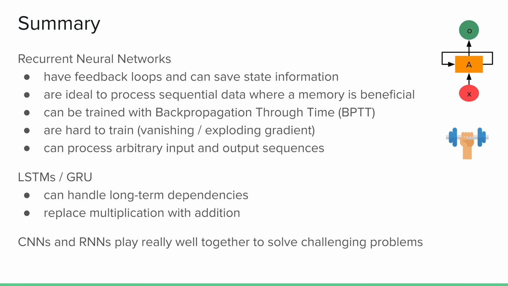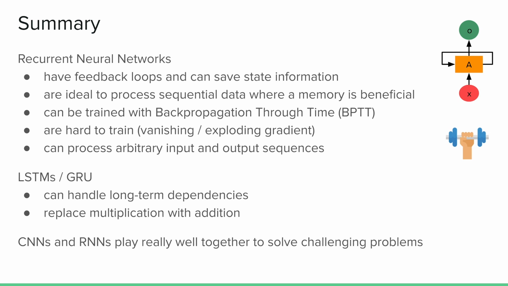They're harder to train than feedforward networks because we're using the same values over and over again. And therefore, we can have the problem of vanishing or exploding gradients. And they have the capability to process arbitrary input and output sequences of arbitrary length.